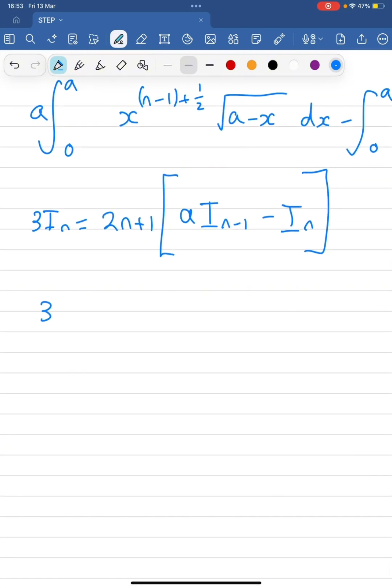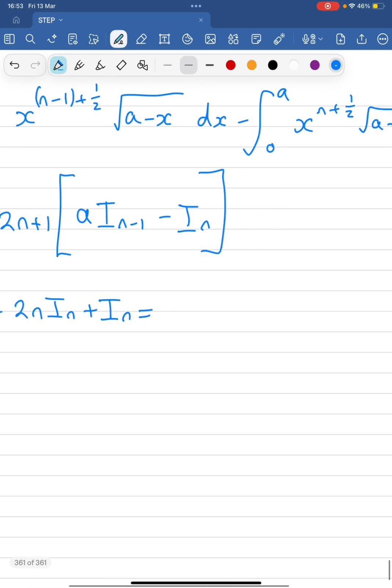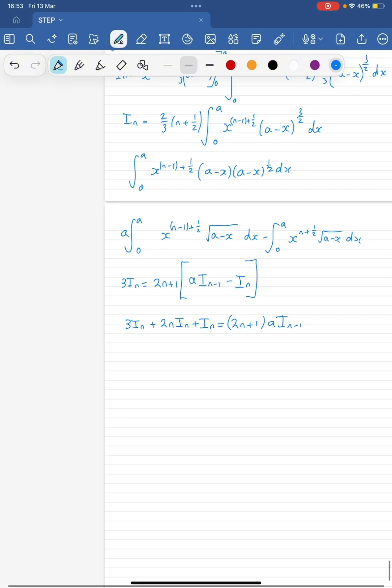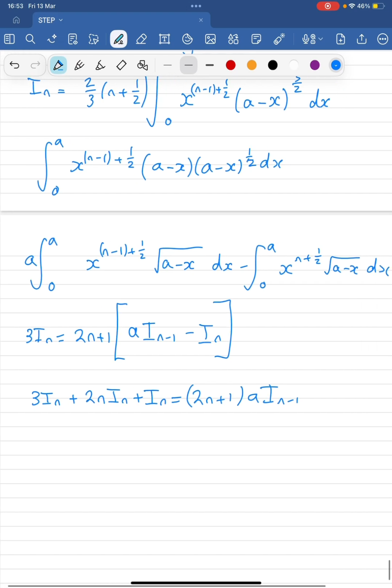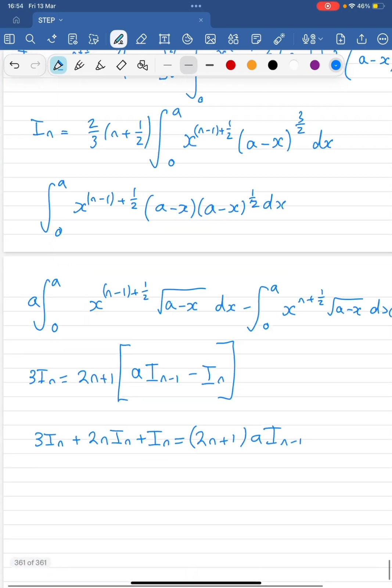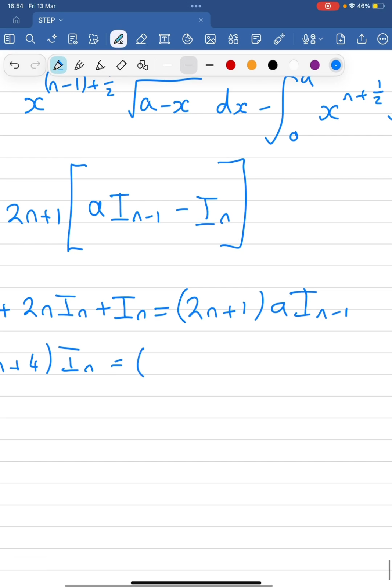So then we have 3 I n plus 2n I n plus I n equals 2n plus 1 a I n minus 1. Is that what it wanted? Yeah. And is that 2n plus 4? Yeah, 2n plus 4 I n equals 2n plus 1 a I n minus 1.